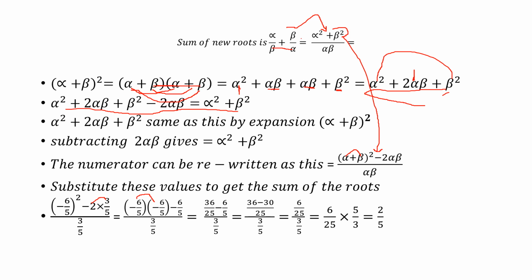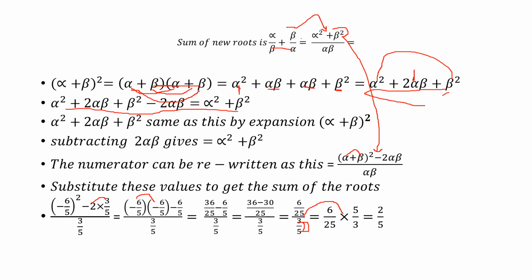So let's find the LCM of this: 36 minus 30 over 25, over 3 over 5, which is 6 over 25 over 3 over 5. The divide can change to multiplication, and when it does, this one will come up and this one will come down.